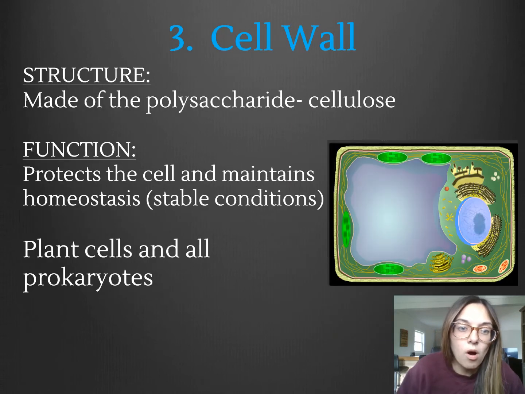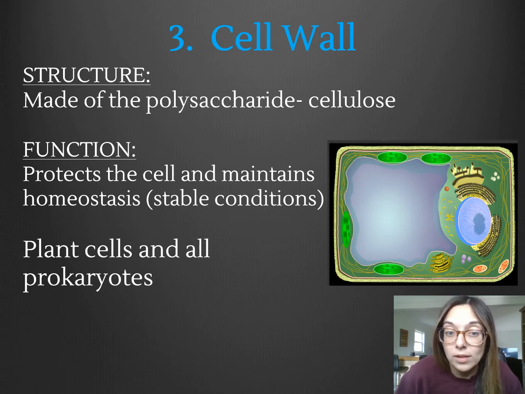Okay, cell wall. The structure of the cell wall, what it looks like, it's made of many polysaccharides. Okay, we've talked about polysaccharide is a carbohydrate polymer. Okay, and the specific name of the polysaccharide is cellulose. Okay. The function is to protect the cell and maintain what we call homeostasis.